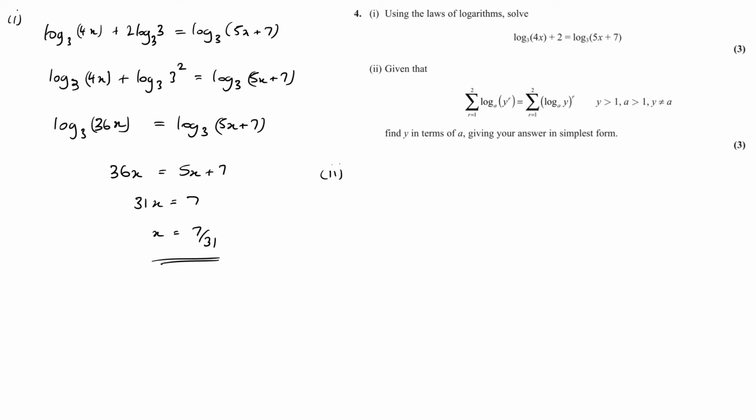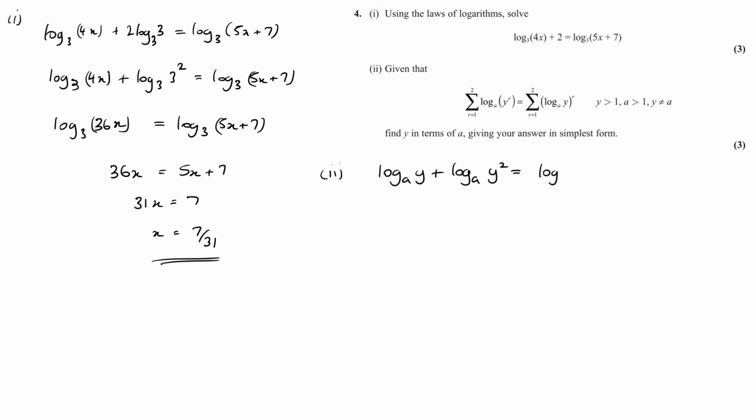So we'd have on the left log a y plus log a y squared, because that's the sum, the first one and the second term, just substituting 1 and 2 in. And here we're going to do the same, substitute 1 and 2 in, but r is on the outside.